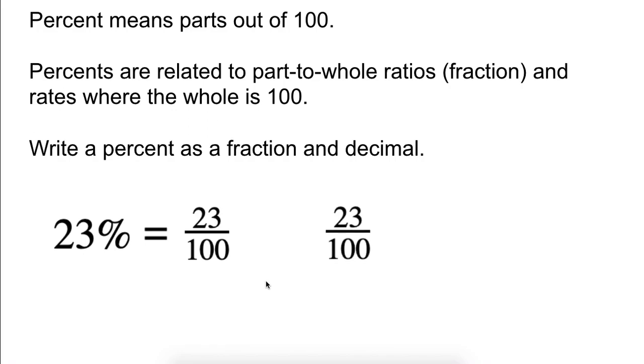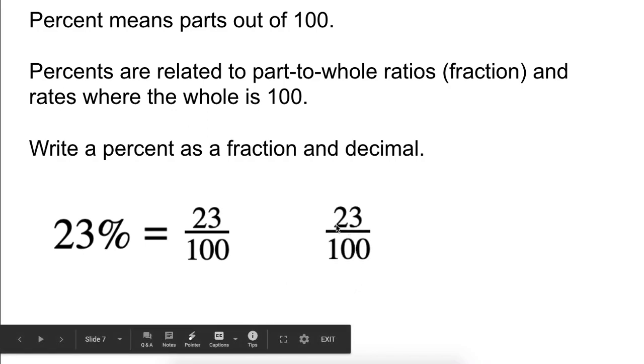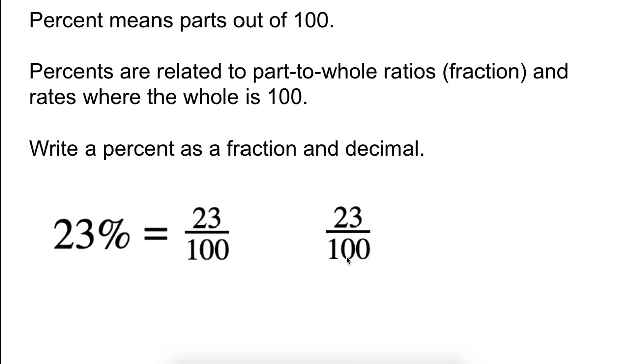We want to write it as a decimal. The way we would read this is 23 hundredths. The hundredths is two places after the decimal, so the decimal would have to be here in order for the two places after to be 23 hundredths.